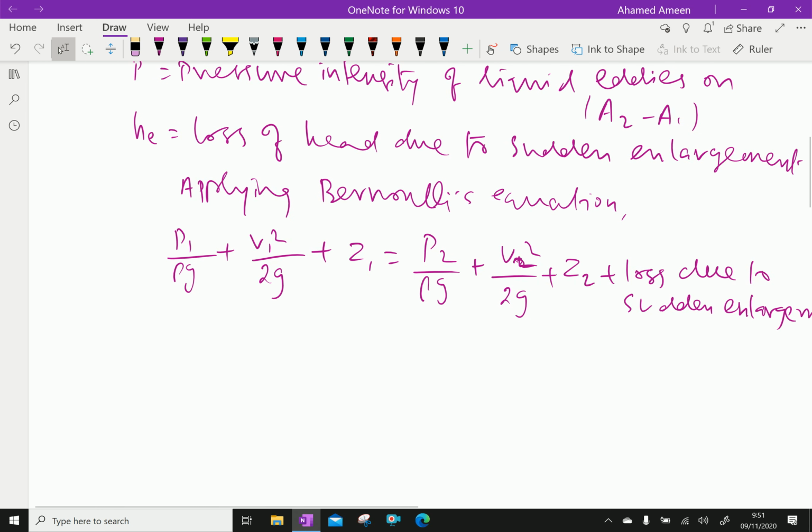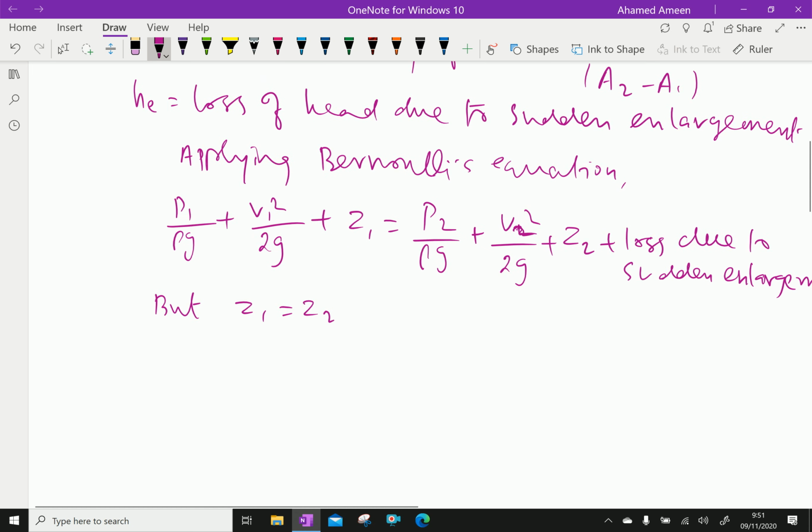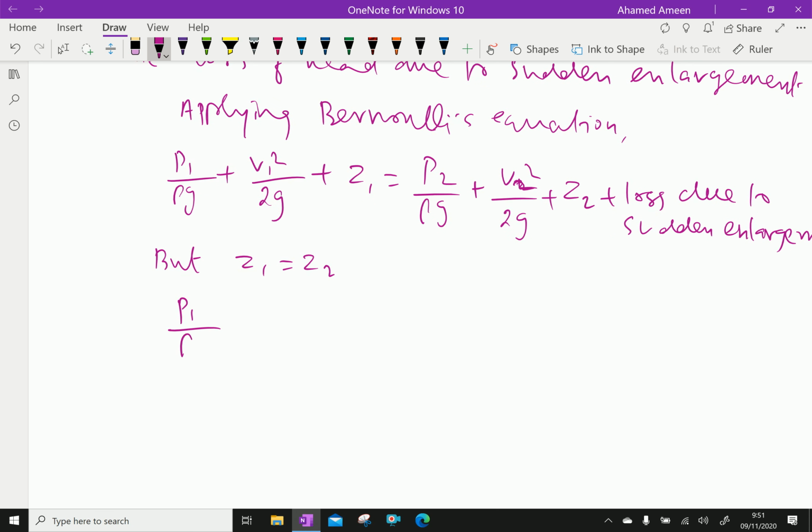Here the datum are equal, that is Z1 equals Z2. Therefore, we can write P1 by rho g plus V1 squared by 2g equals P2 by rho g plus V2 squared by 2g plus the loss due to sudden enlargement, that is HE.